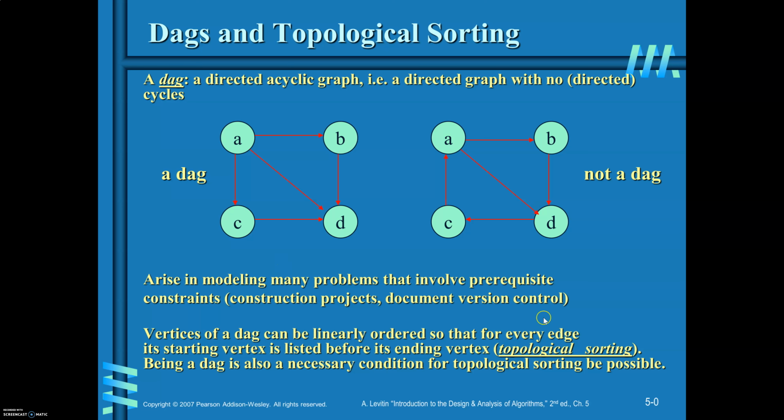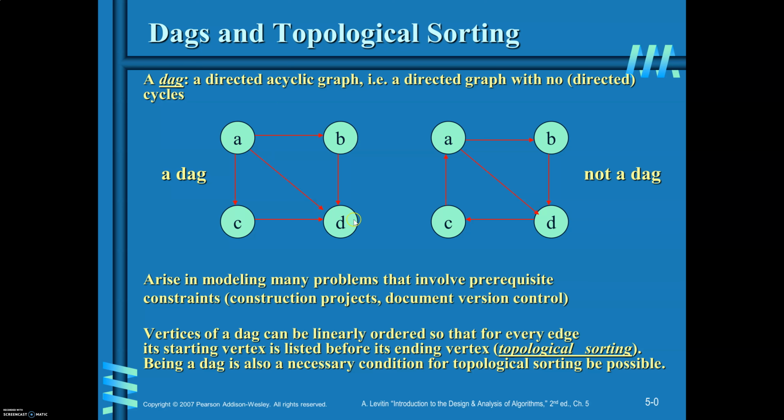Here, in this graph, A is the starting vertex for edge AB. This A must be listed before B, but BA is not the topological ordering.